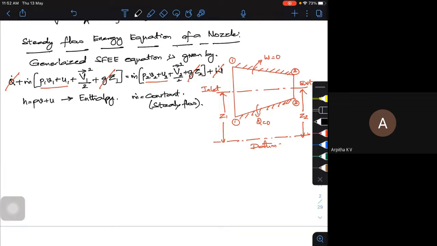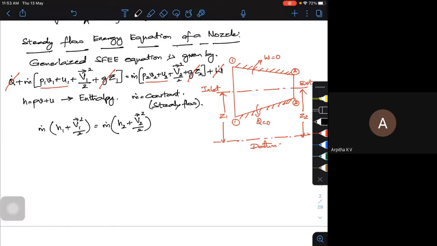So the equation I can write as m dot into H1 plus V1 square by 2 is equal to m dot into H2 plus V2 square by 2.